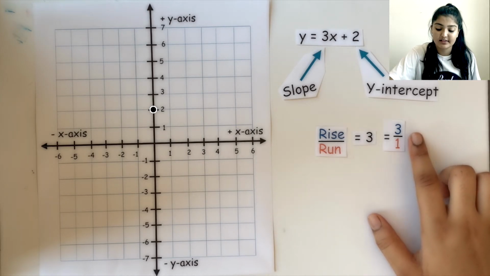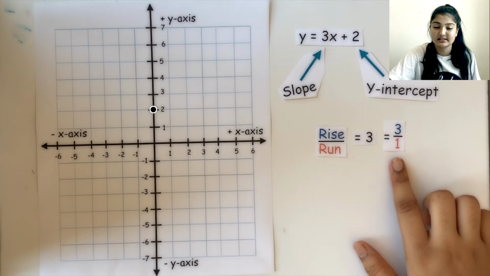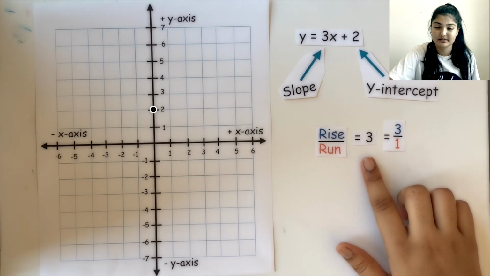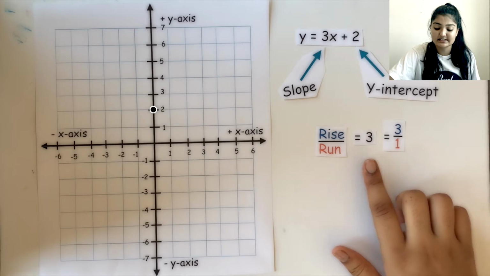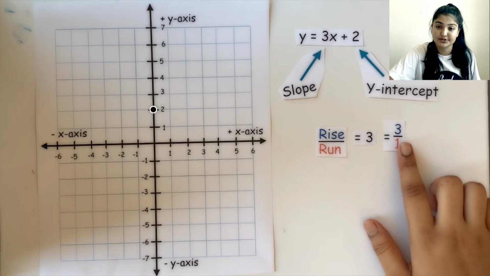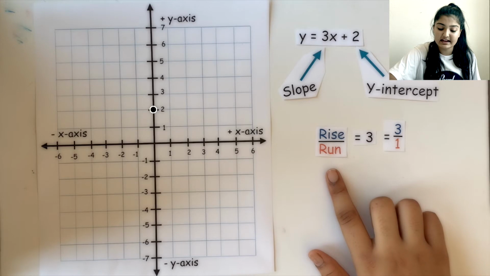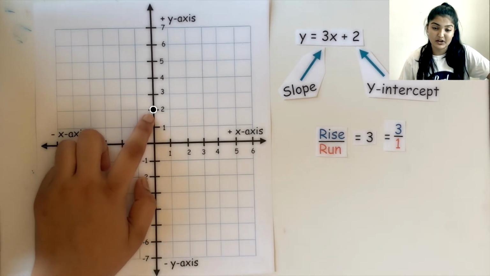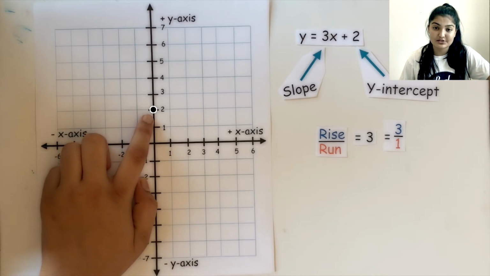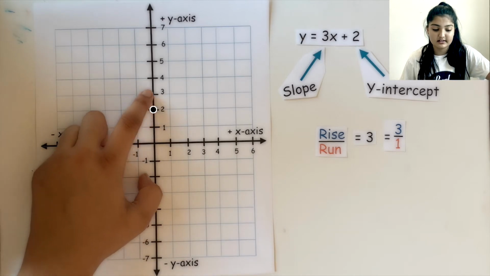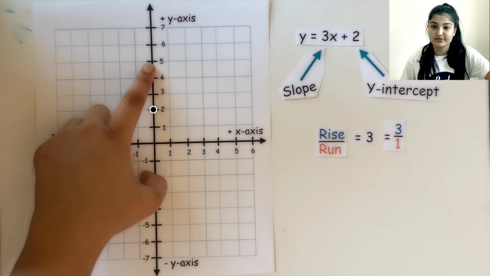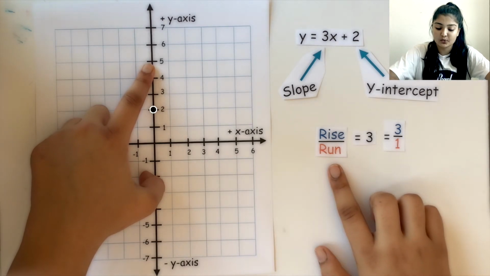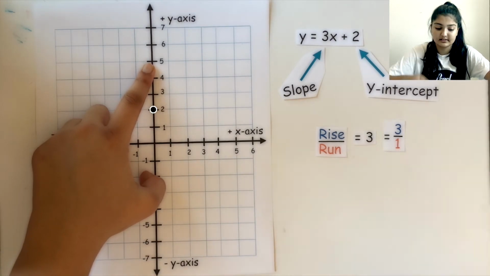Remember that 3 upon 1 is just 3. This gives us a rise of 3 units and a run of 1 unit from the point that we already have. So we can rise 3 units from the y-intercept. 1, 2, 3. And we can run 1 unit. 1.